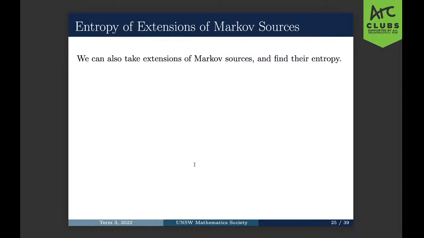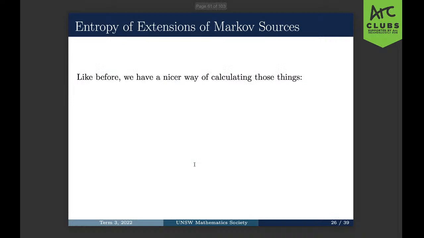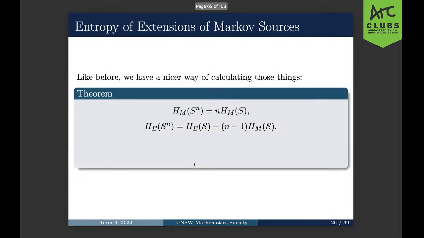Okay, we can also take extensions of Markov sources and find their entropy. And here is a bunch of formulas that you don't need to actually use. Never use this when you're trying to calculate the entropy of extensions of Markov sources. Just ignore all this. We have a nice theorem for this, like before. The Markov entropy for the nth extension is equal to n times the Markov entropy of the original source, just like before.